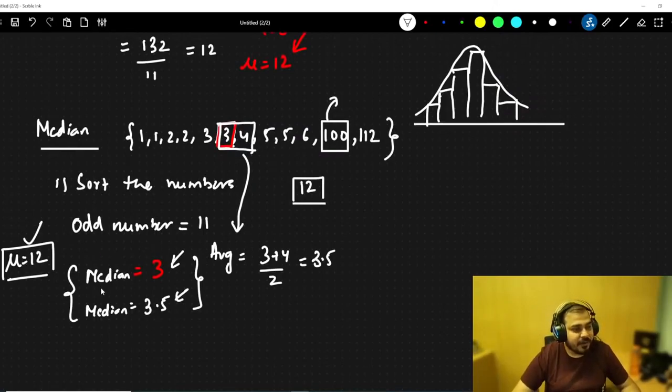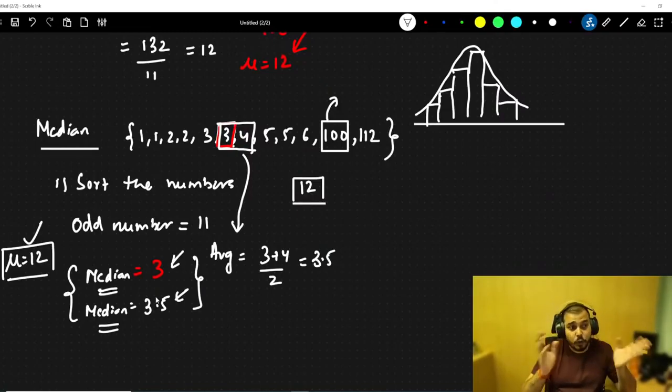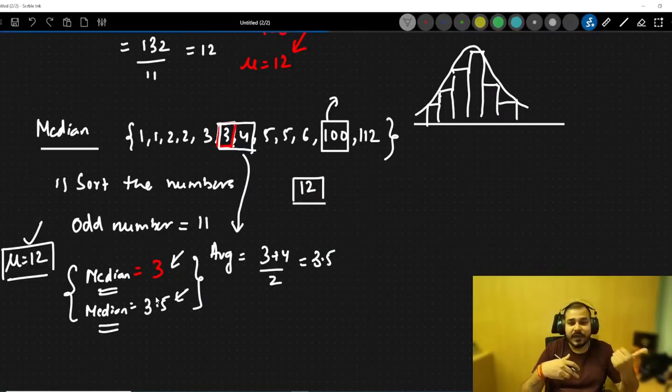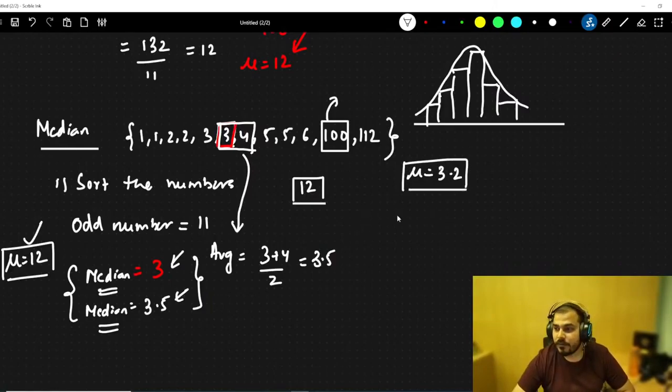So median, I hope everybody understood what exactly median is. We basically take the central elements. If the number of elements is even, then we take the central two elements, find the average and calculate it, right? But understand one thing over here. What is the main purpose? Initially, when we did not add an outlier and tried to calculate the mean, at that time I got 3.2. When I tried to calculate by adding an outlier, my mean was 12.